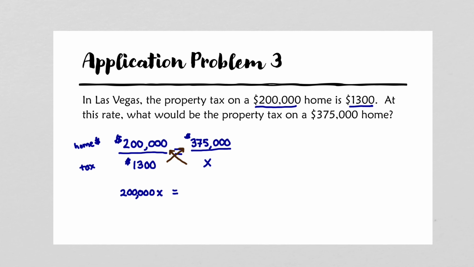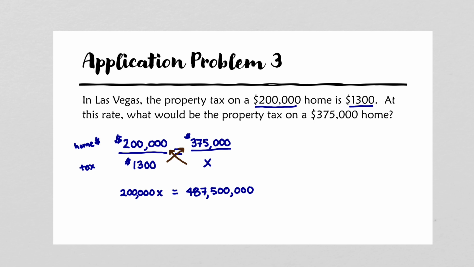I'm going to whip my calculator out. Oh my goodness, that gives me a huge number. That gives me 487,500,000. Let's double check. Make sure as you're doing this on your calculator, we get the right number of zeros here. 487,500,000.